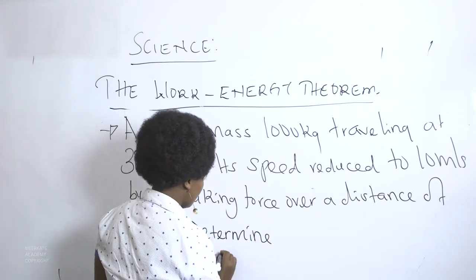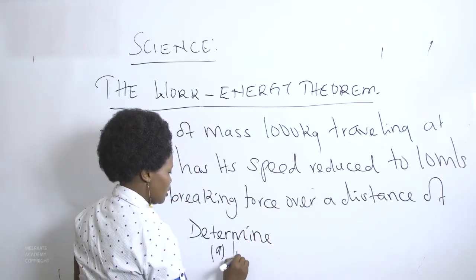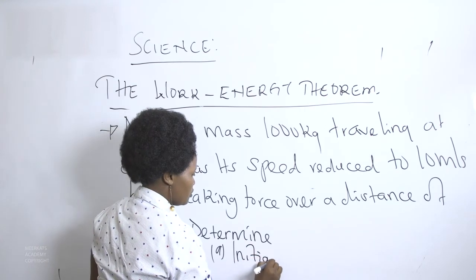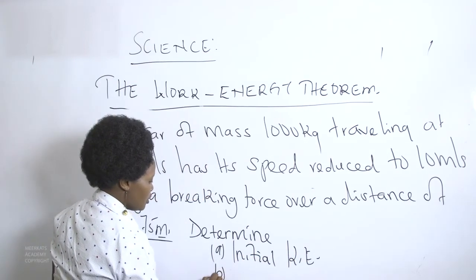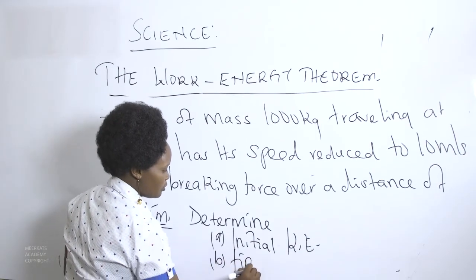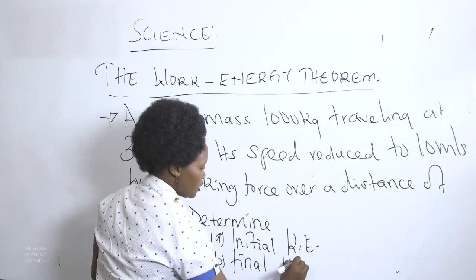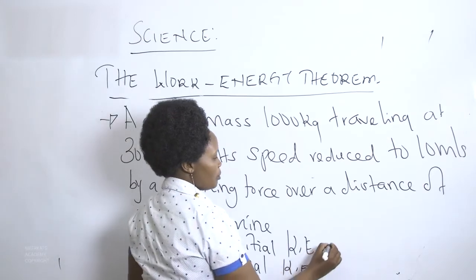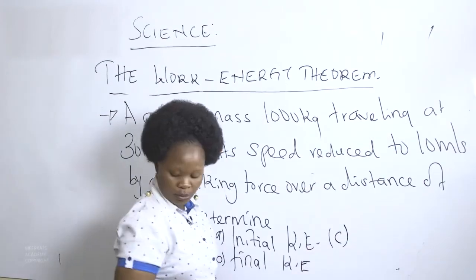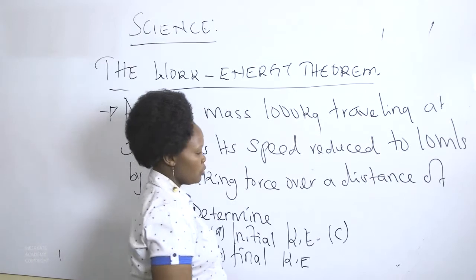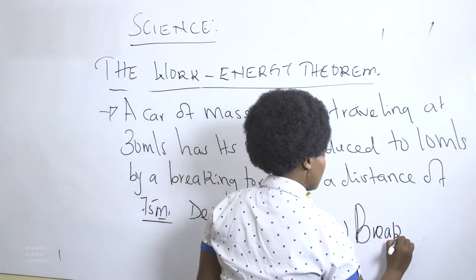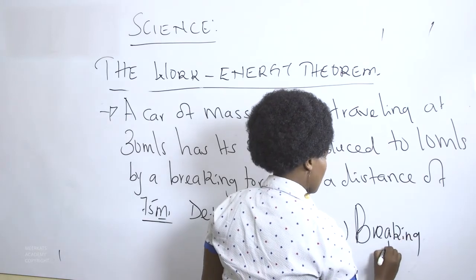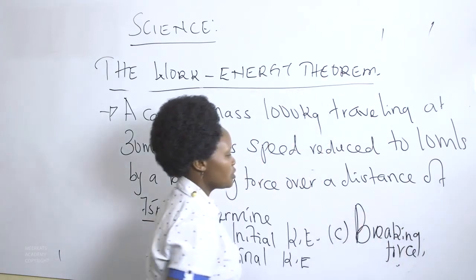We should determine A, the initial kinetic energy; B, the final kinetic energy; and part C, the braking force.